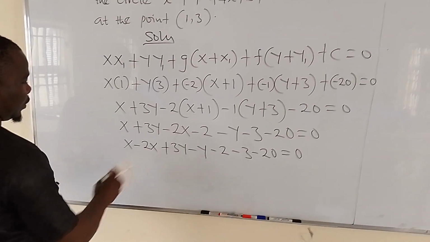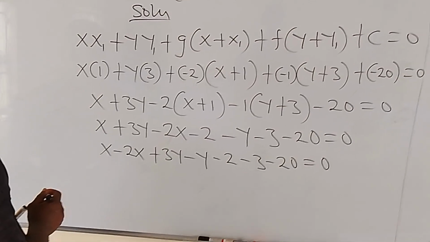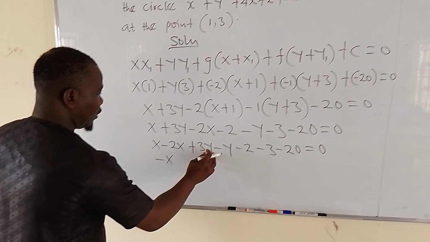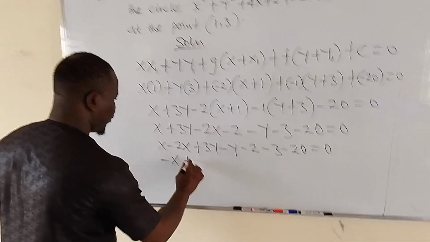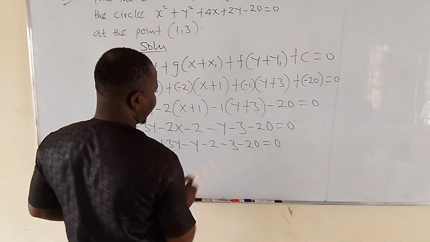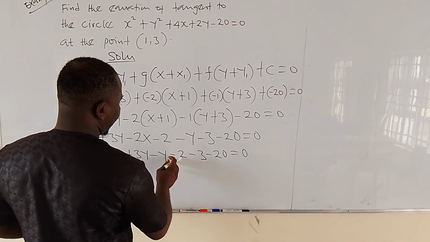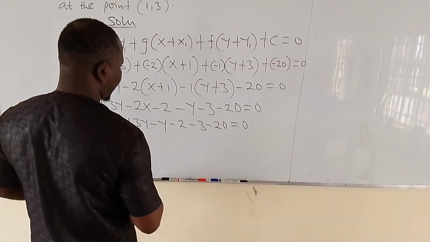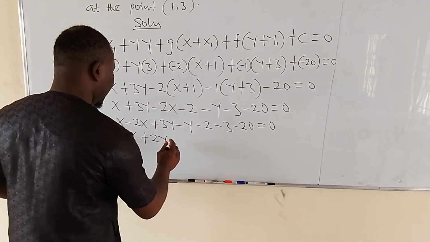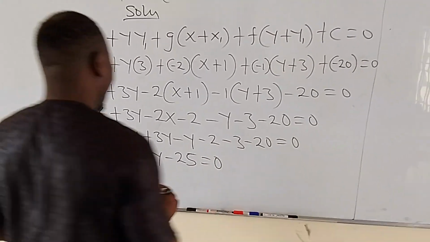So x minus 2x is going to give you minus x. Then 3y minus y will give us plus 2y. Then minus 2 minus 3 minus 20 will give us minus 25. That is, minus 2 minus 3 gives minus 5, then minus 5 minus 20 gives minus 25, equals 0.